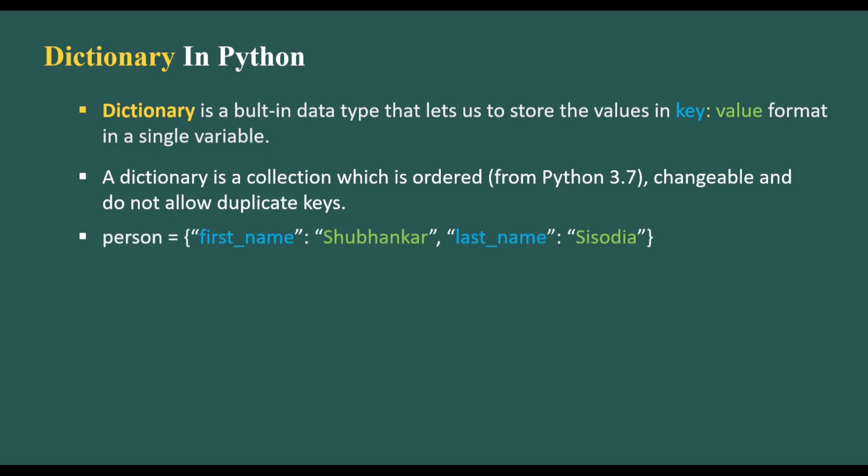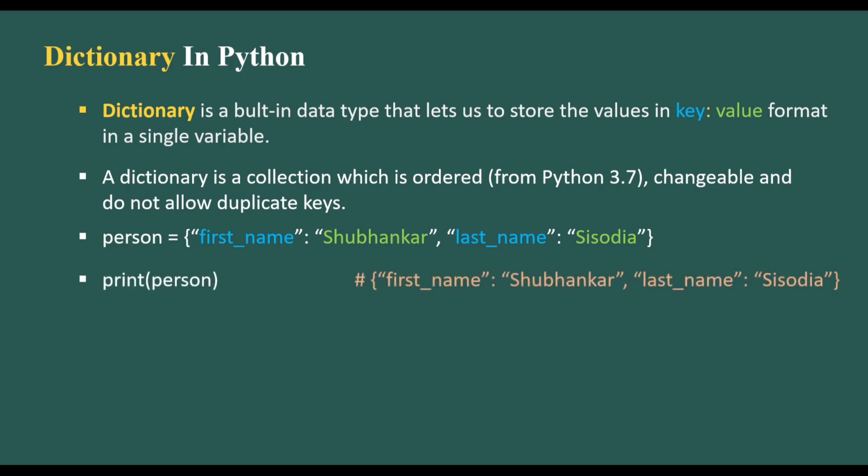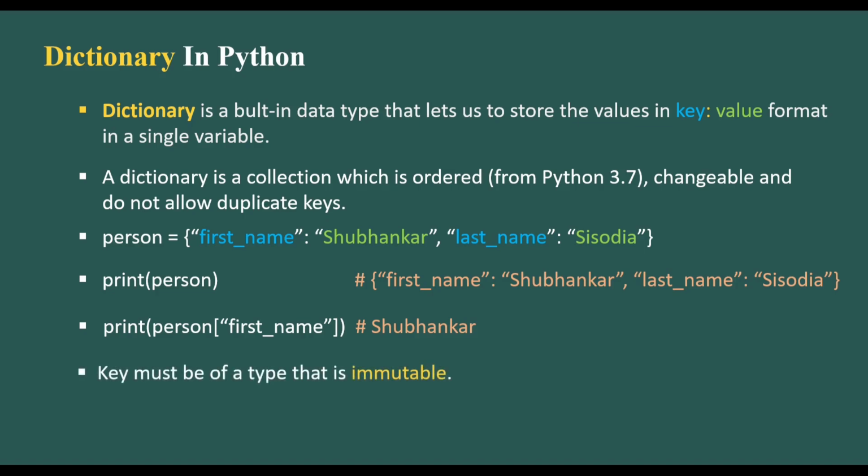Dictionary is written with curly brackets containing key value pairs. We can access all the values or a particular value by using key. A dictionary key must be of a type that is immutable. For example, we can use an integer, float, string, or boolean as a dictionary key.